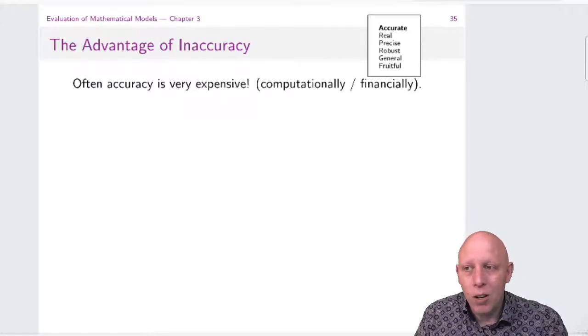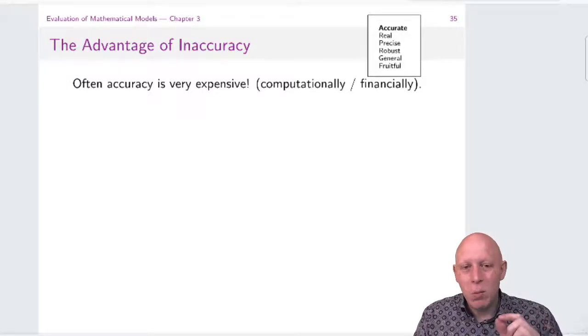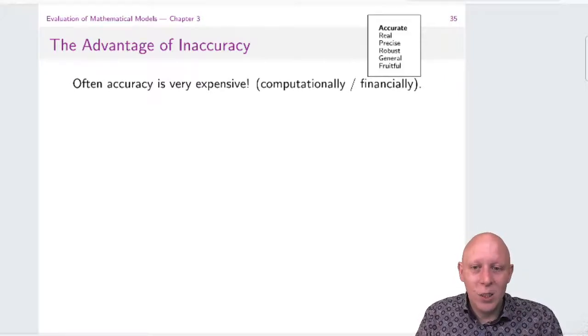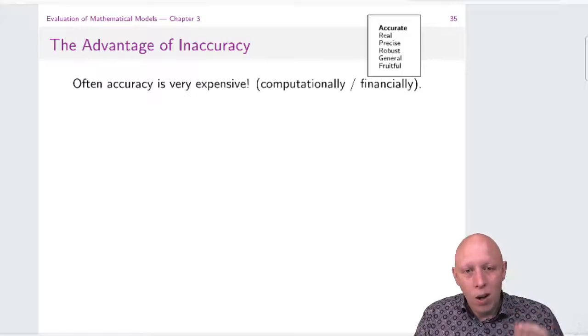If you wanted to make your model really, really good, you need to collect really good data. You need to understand all the things underlying the situation really well. And then you need to create a simulation that took everything into account. All of those things are very expensive.